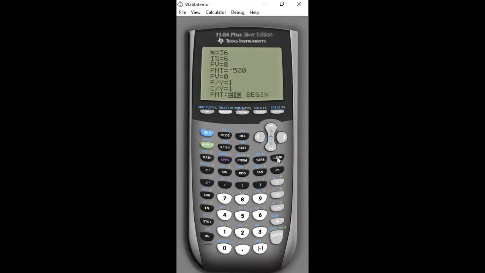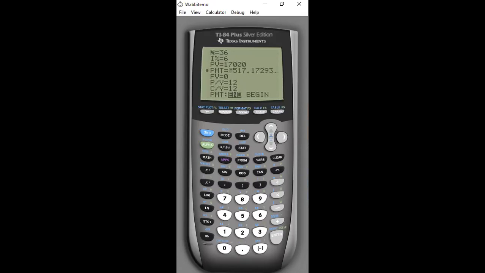The present value is the amount you are going to pay off, so the present value of the car is 17,000. You don't know your payment yet. You pay 12 times each year, so it compounds every month, and the payments are at the end. Then you go back to the payment and do alpha and enter. So the payment is $517.